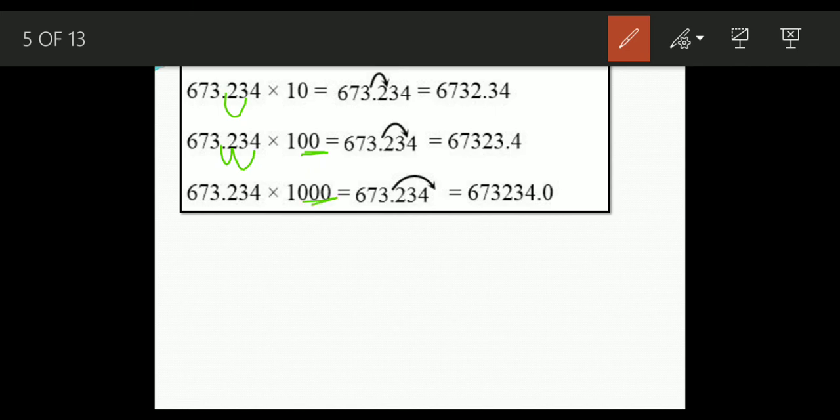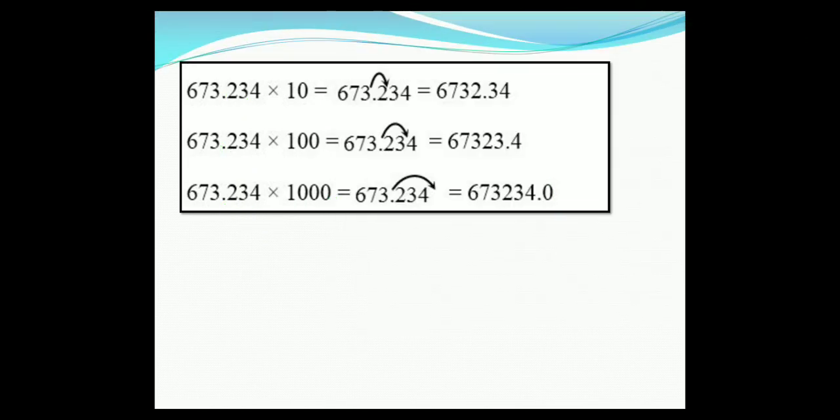So how many places can I move? 3 places. So 1, 2 and 3. Clear? So my answer is 673234.0. The zero doesn't have any value, so you can say it as 673234. Clear? So this is how you multiply a decimal number with tens or hundreds or thousands or 10,000s.